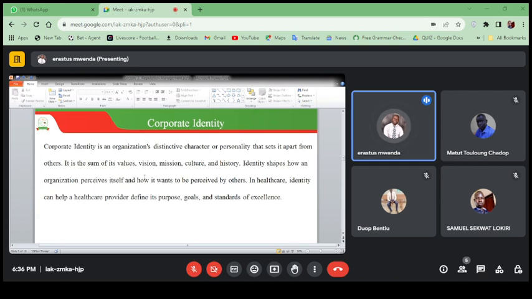So it's very important for healthcare providers to tell the community, tell the citizenry about their purpose, about their goals, and they also define the standards of excellence. They could also have what we call a charter that is going to define the services that you offer, what the duration of each service is, what the cost of each service is.